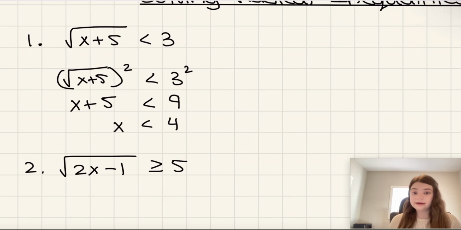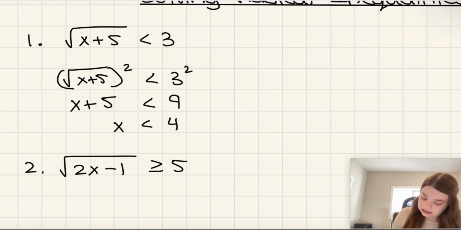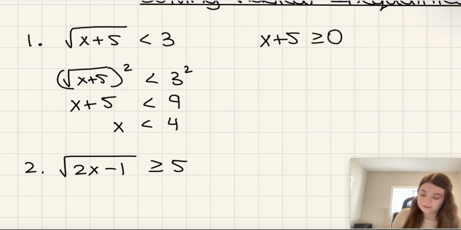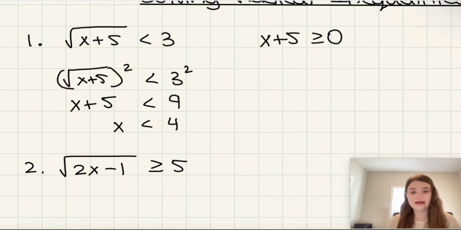Now, before we're done, there is one more thing we need to consider because it's a square root. We know that we cannot have anything in the square root sign that is less than 0. So we also know that x plus 5 must be greater than or equal to 0, because the second that x plus 5 becomes less than 0 is the second it becomes a negative number, and we can't have a negative number in our square root sign and get a real answer.